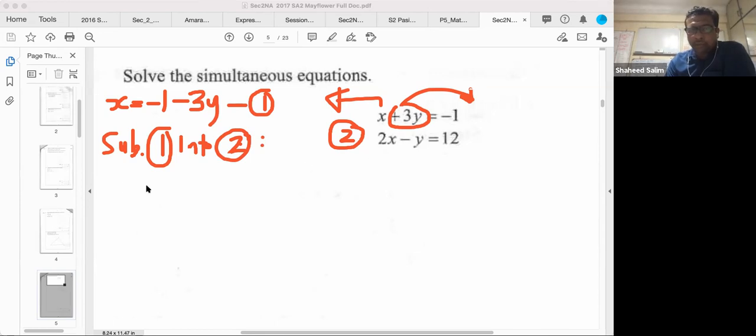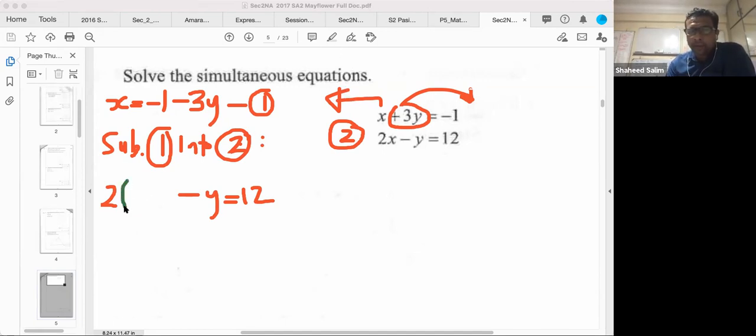So down here you have 2x minus y equals to 12. This is equation 2. But I'm going to substitute this value inside x. So this x disappears, and then I'm going to substitute it.